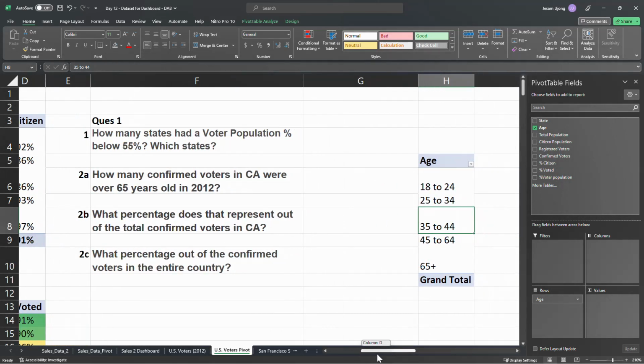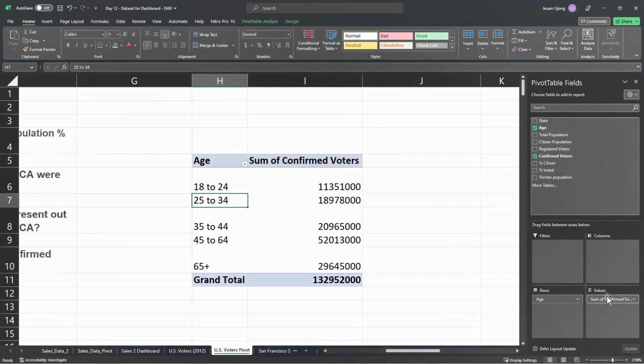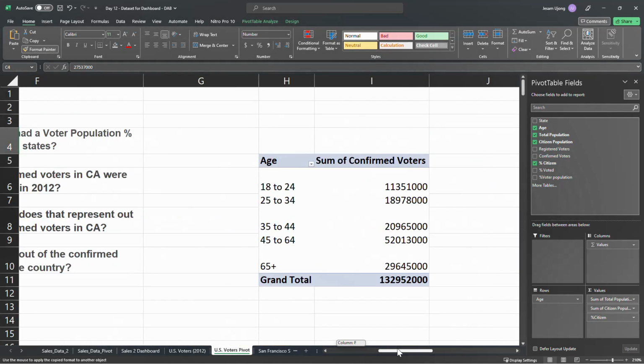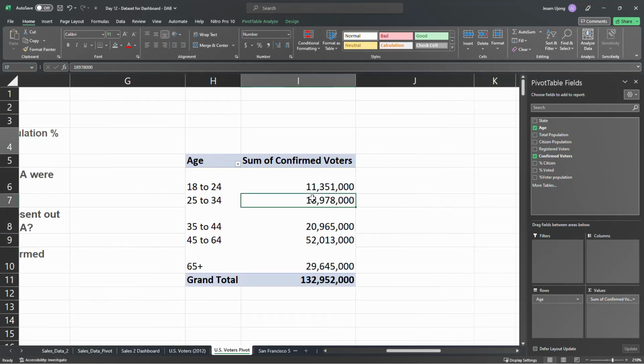Okay, how many confirmed voters in California were over 65 years? So that's easy peasy, right? I'll put confirmed voters in this count, and above 65 we had 29,000.